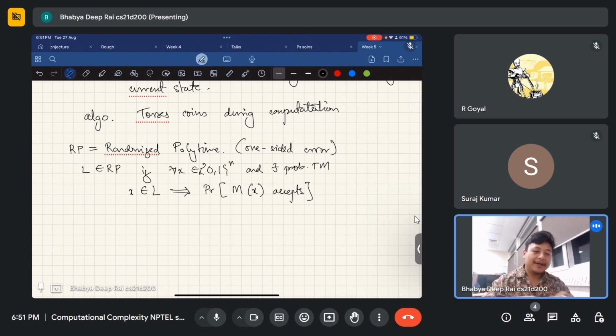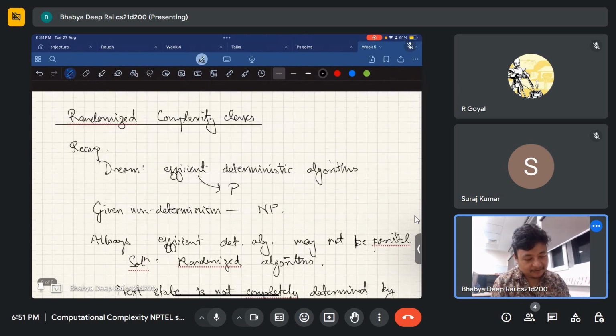It may not always give you the good answer. The problem with randomized algorithms is that they may not always give you the right answer. But they are applicable in scenarios where you are worried more about efficiency than the quality of the answer. So it's a trade-off.